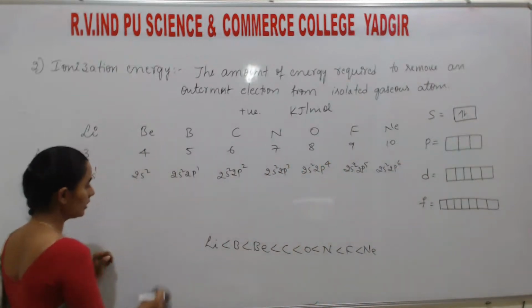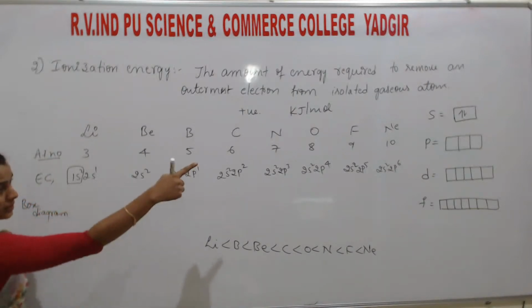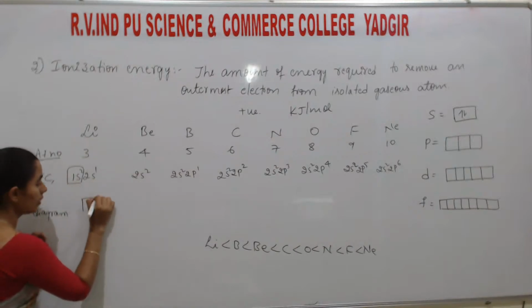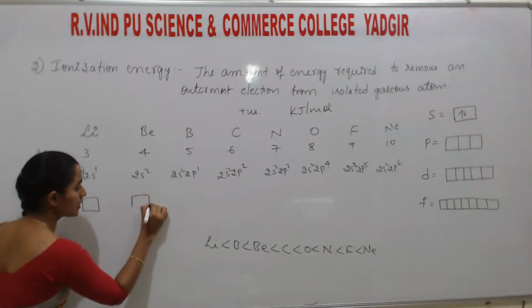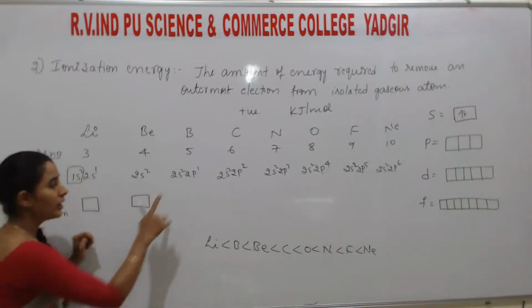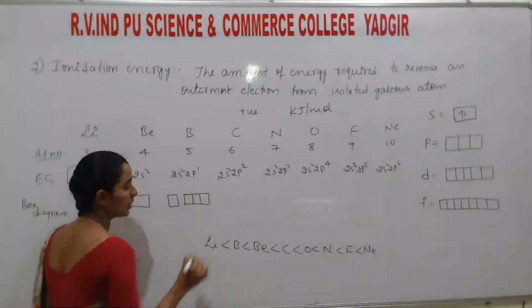Okay. So here, if we take a box diagram, for only s orbital there is only one box. Here also s orbital means only one box. Here s and p means 1 plus 3 boxes.